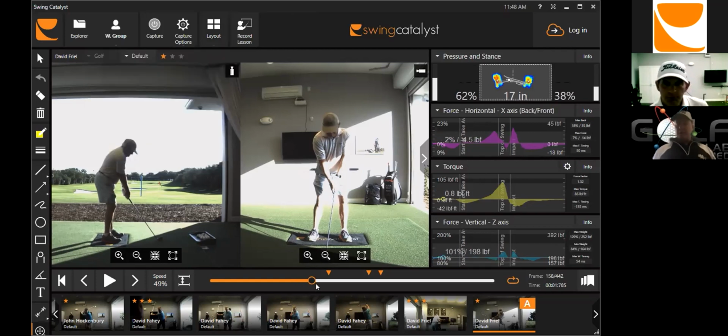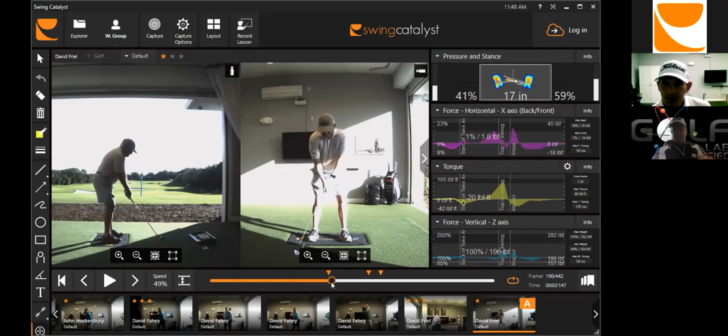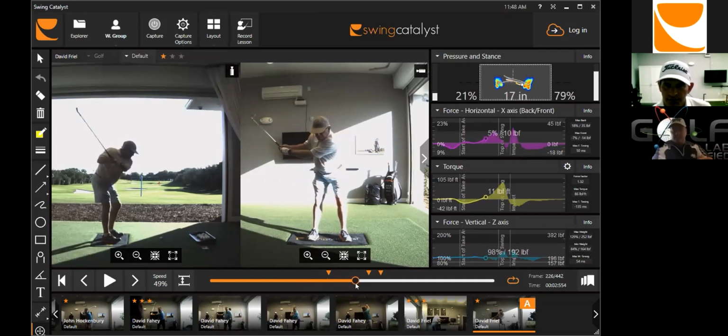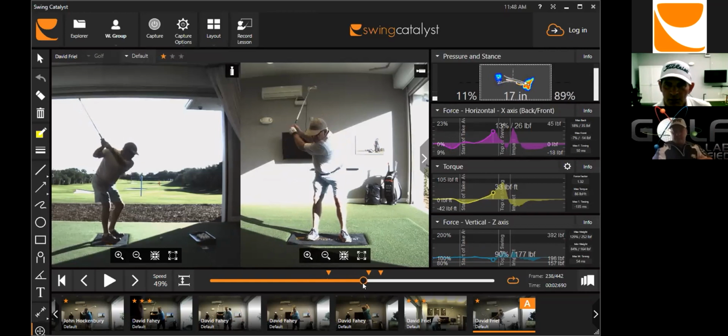Sure. So obviously, if we look at the horizontal force, our purple up there at the top is movement along the ground. We're going to see a lot of load to the right. And while we're talking about that, one of the things I try to match up as much as possible, we got so many smart ambassadors with Swing Catalyst, and we've all learned so much through guys like you, Liam, and Dr. Lynn, Mike Adams, Tony Ruggiero, lots of great guys that we're sharing information with all the time.